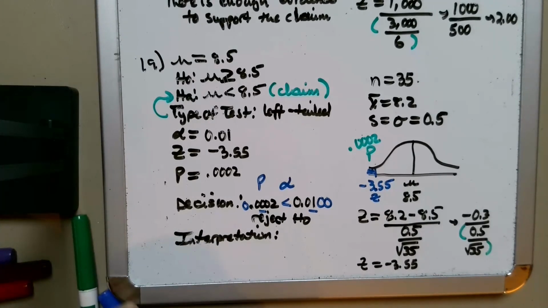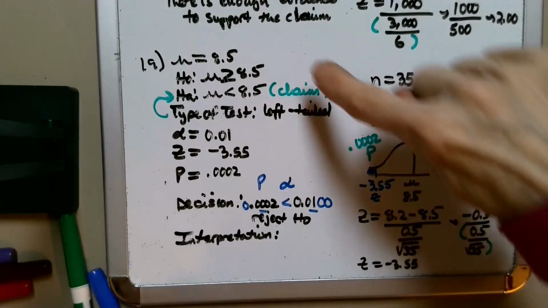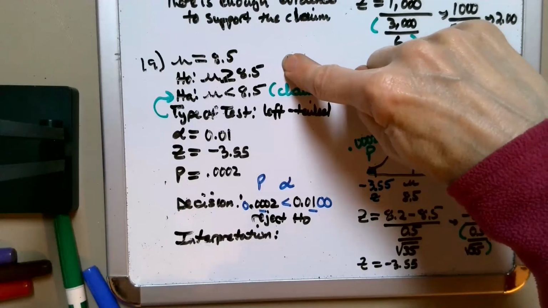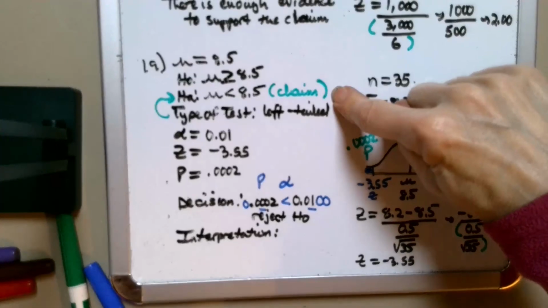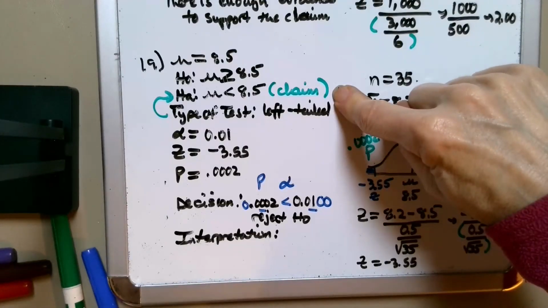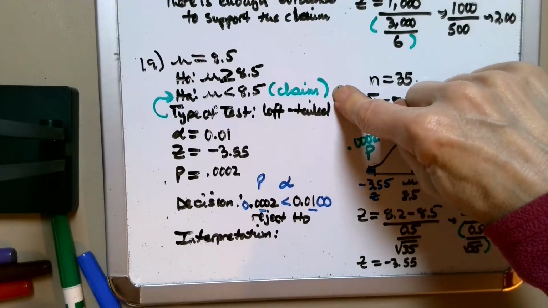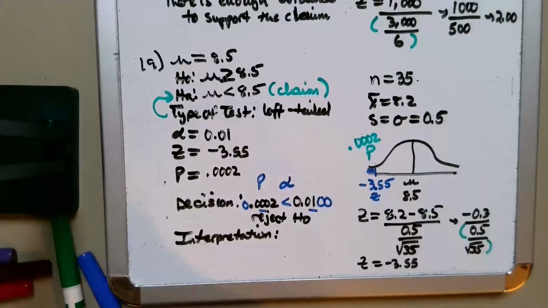So now in terms of the interpretation, what does that mean in terms of the claim? Can the claim be supported? We are rejecting the null, so that means the evidence favors the alternative hypothesis, which is the claim. It doesn't prove it, but it favors it. So is there enough evidence to support the claim? Yeah.